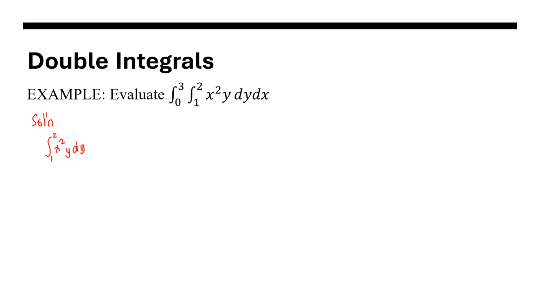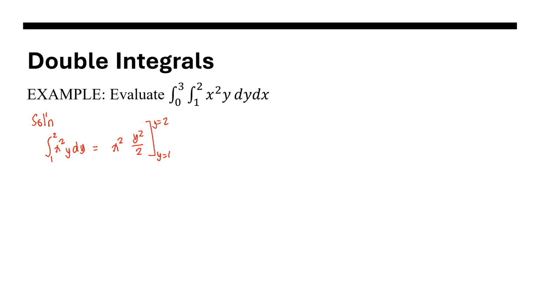Taking x squared as constant, so x squared, and then integrate y, so you have y squared over 2. And then get the difference from 1 to 2.